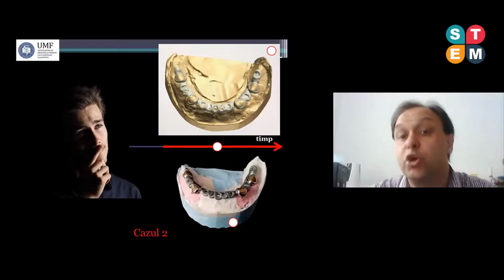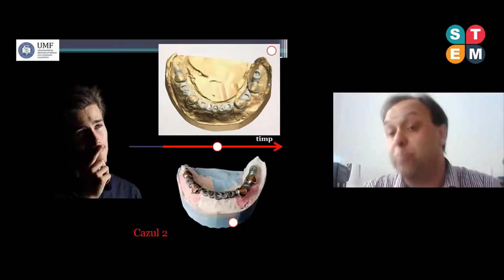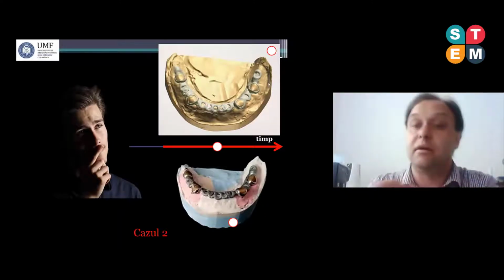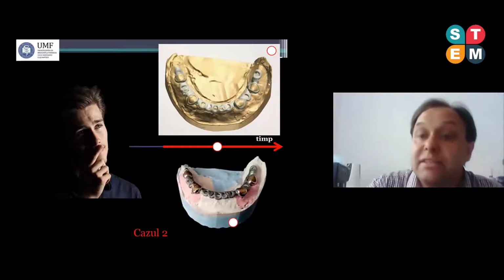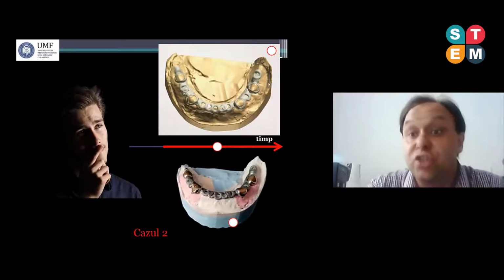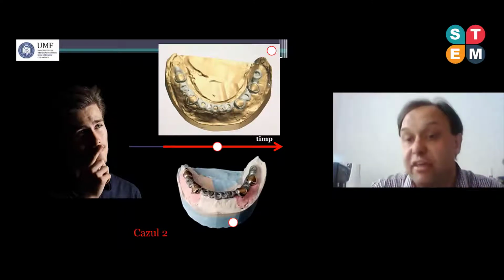And I don't know what to do: buy a short set of teeth to place there, or make some individualized teeth. I don't know what to do because I didn't plan anything.